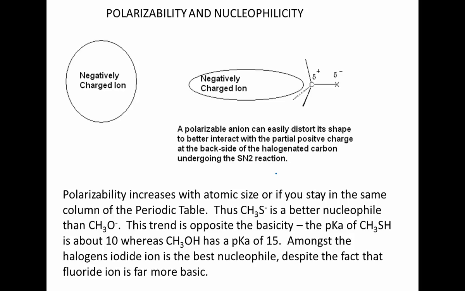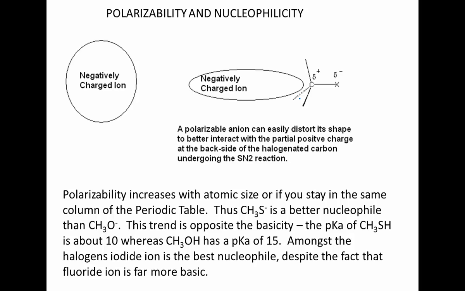But this negatively charged ion is going to distort its shape if something with a positive charge comes in its vicinity. And so we're going to have a partial positive here at carbon because it's bound to a halogen. And this negatively charged nucleophile can now distort its shape to put more of the electron density closer to the partial positive charge. So the negative charge is going out to meet the positive charge.